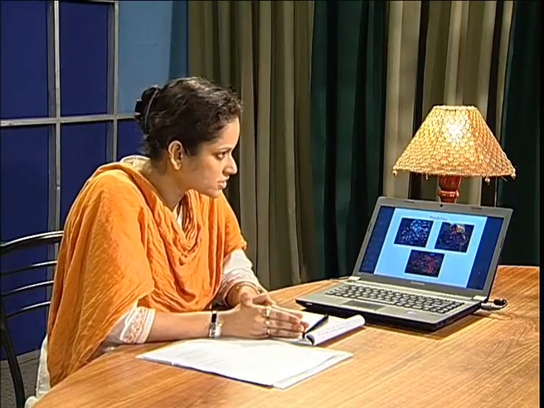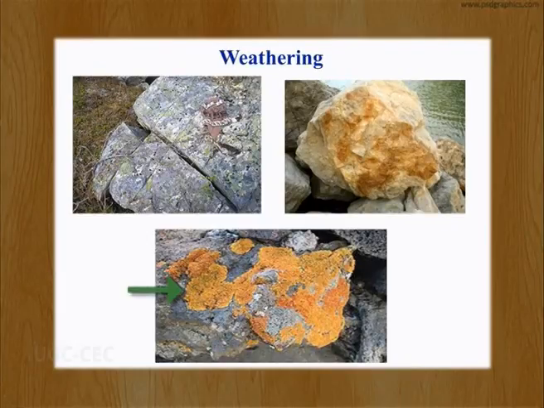Biological weathering takes place when certain biological organisms, like the roots of higher plants, enter into the crevices of the rocks, or certain earthworms living on the rock surface, or insects living on the earth's surface, or lichens, which are shown in this slide, growing on the rock surface.